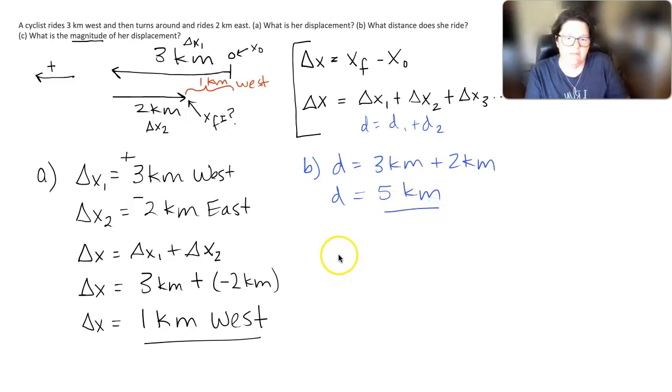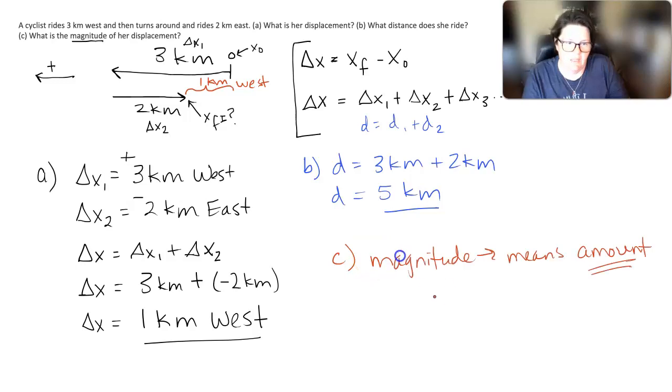Pretty simple. The last question says the magnitude of her displacement. You're going to see this word magnitude frequently. Whenever you see magnitude, it means the amount. It just means answer the question. So this says, what is the magnitude of her displacement? What you should read is, what is her displacement without the sign?